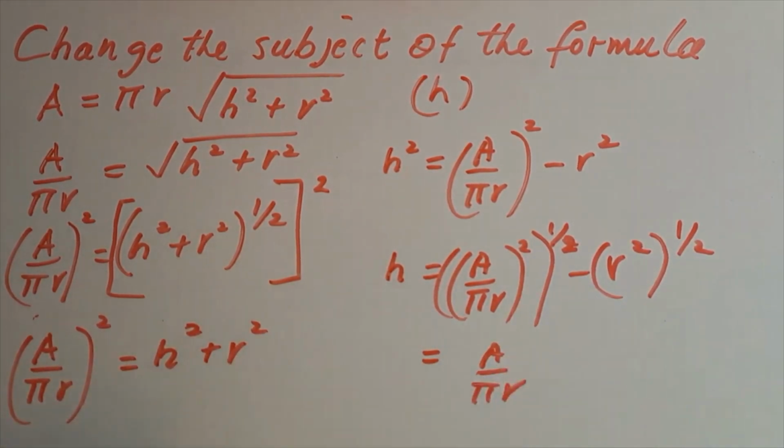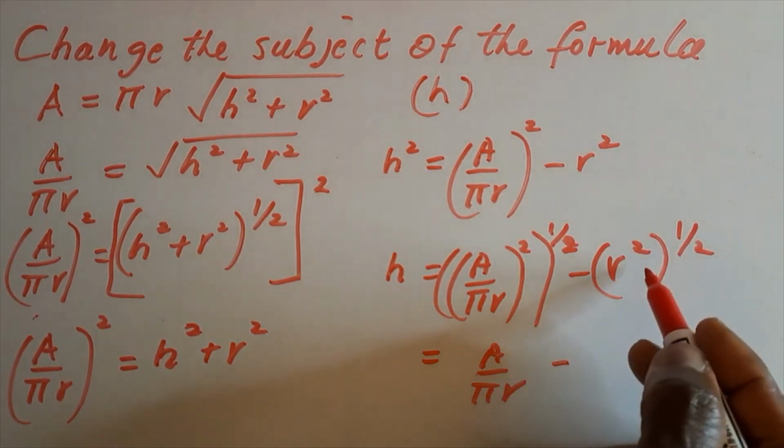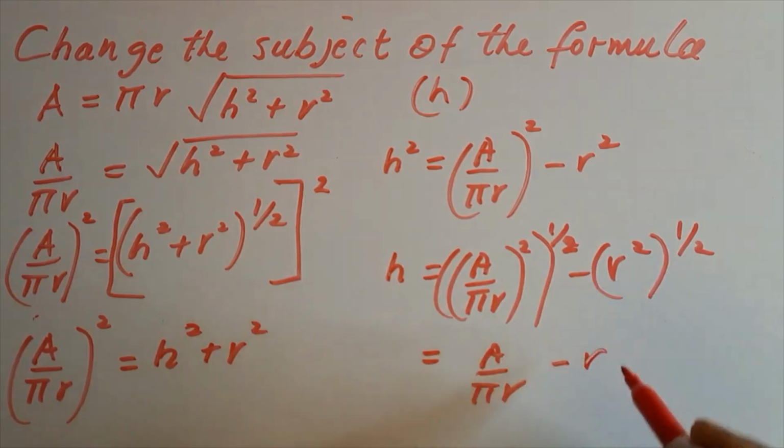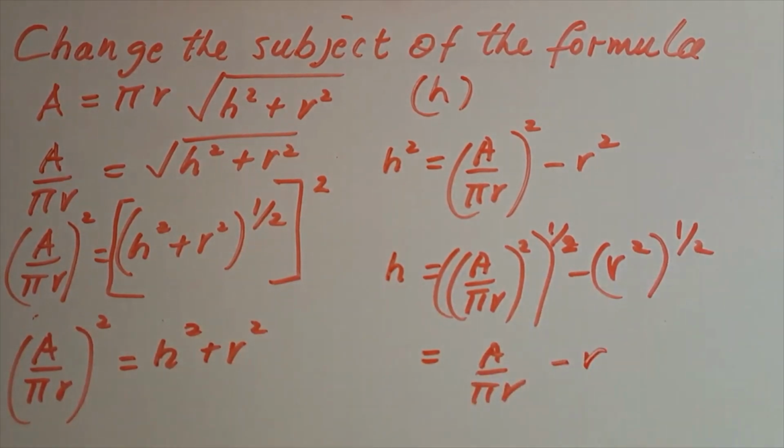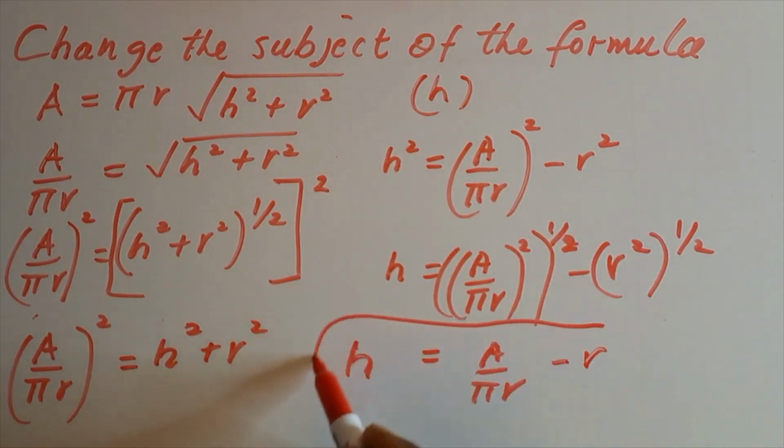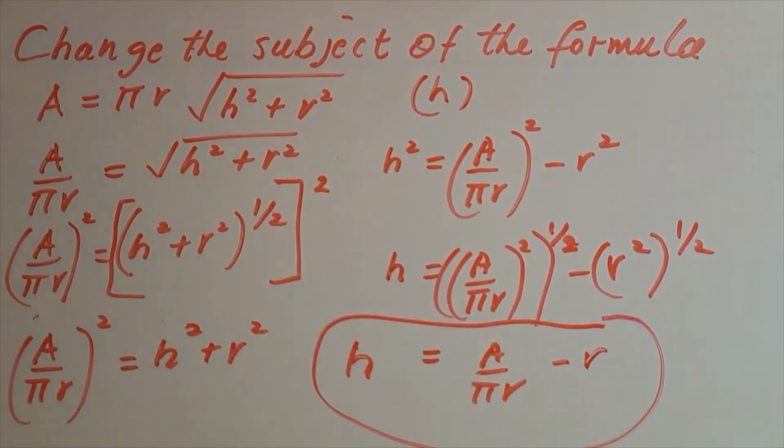We've gotten rid of the square sign, and here also the indices cancel to give us r. So our formula, rearranged with h being the subject, is h equal to A over pi r minus r.